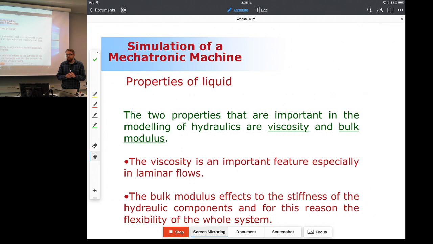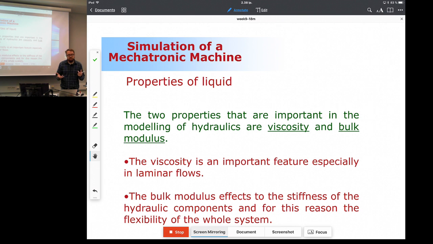The laminar flow takes place when the pressure difference between the two different volumes that the flow is connecting is low, say roughly speaking less than 5 bars. Now, in mobile applications and most industrial applications, the pressure differences are large. We are speaking about 50 bars, 100 bars, even more.